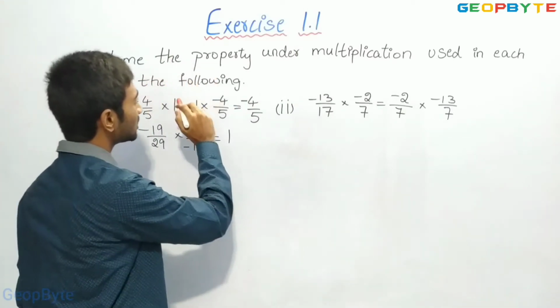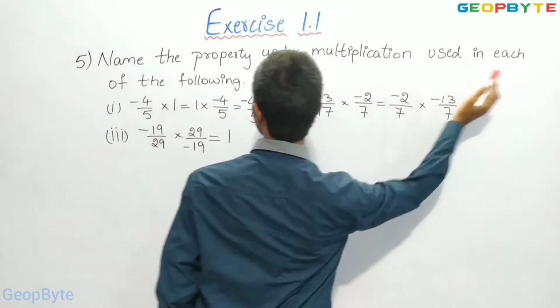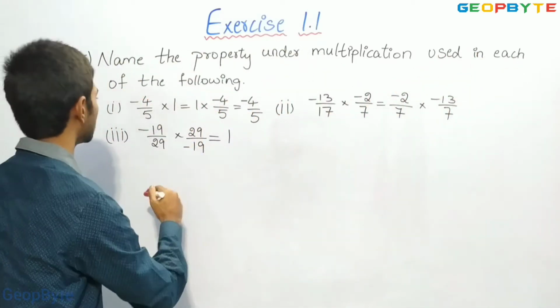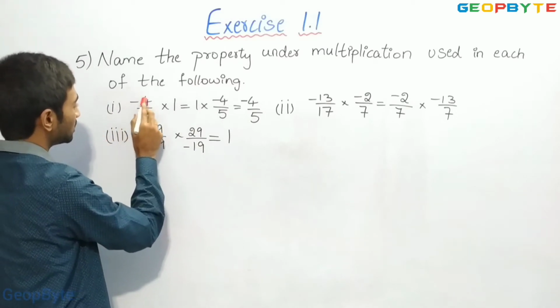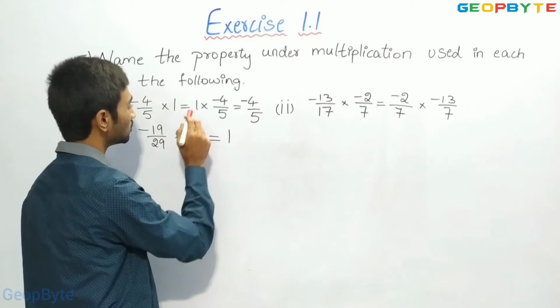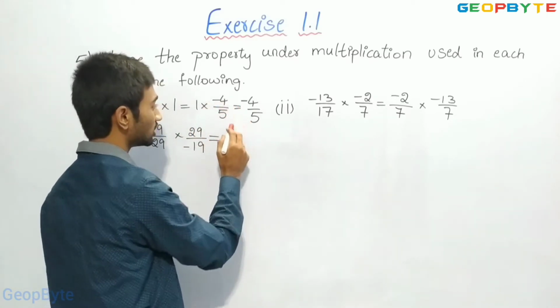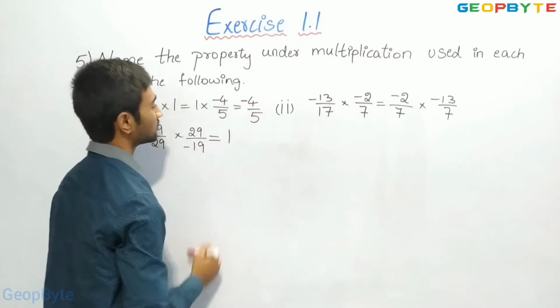Name the property under multiplication used in each of the following. First bit, minus 4 by 5 into 1 is equal to 1 into minus 4 by 5 equal to minus 4 by 5.